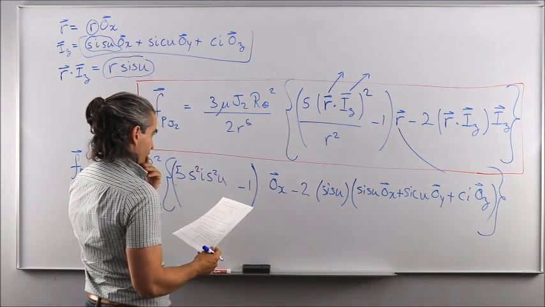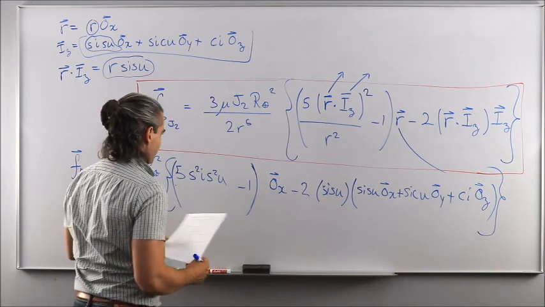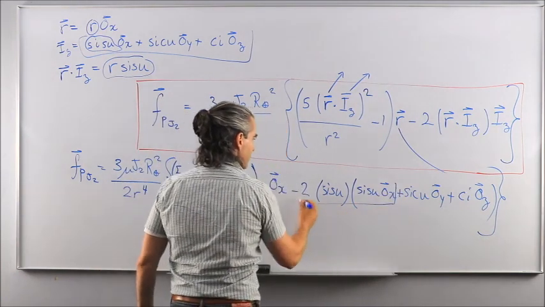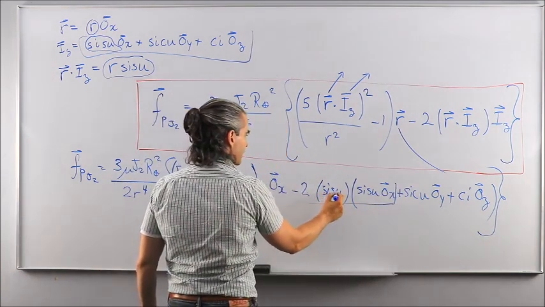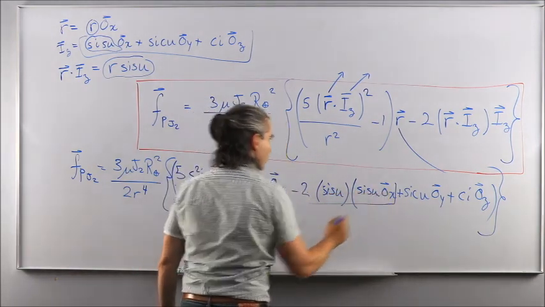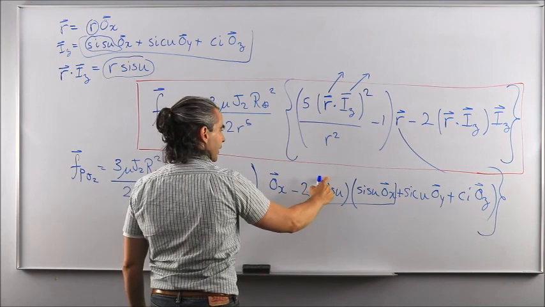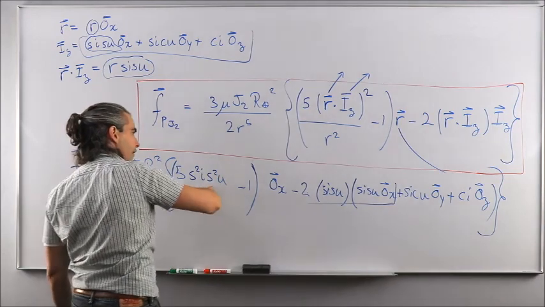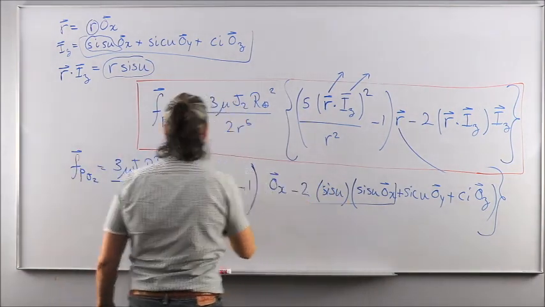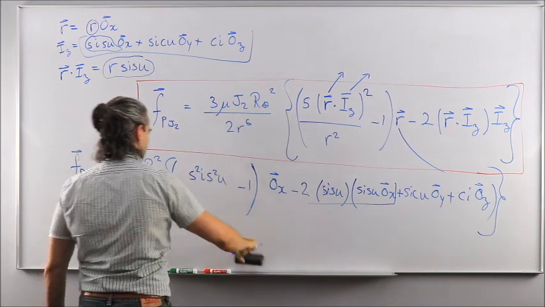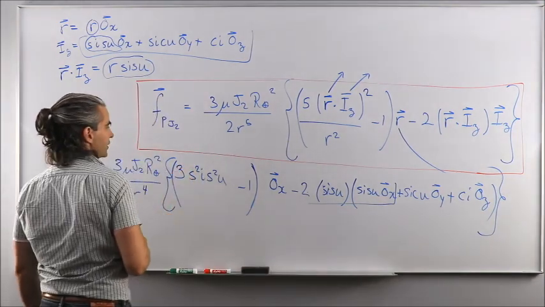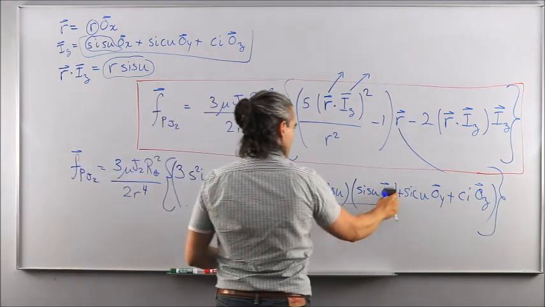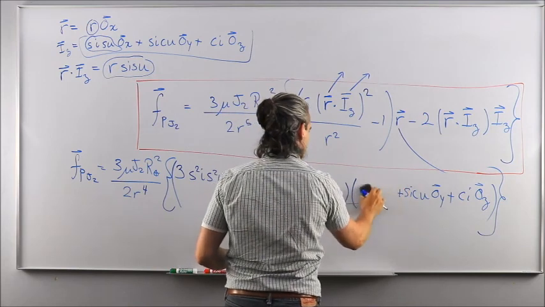Furthermore, here if I only focus on this, I have 2 sine I sine U times OX, which is 2 sine I squared sine U squared times OX, which is exactly what I have here. So 5 minus 2 is going to give me 3. So 3 sine I squared sine U squared minus 1. So this has been taken care of.